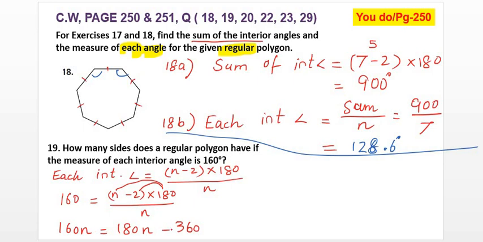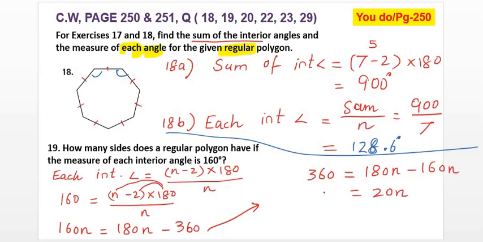Now how can we switch the places? You can move this 360 to this side and 160 to this side, so I will solve it over here. So 360, when you move it to the left side, it will change into positive, and on the other side you will have 180n minus 160n, that will give you 20n, and this side is 360.